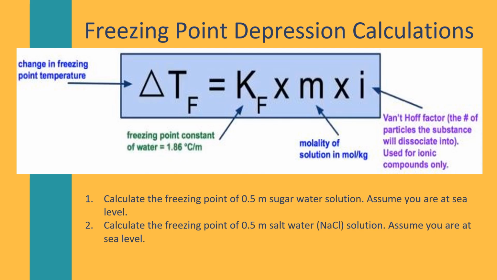Calculate the freezing point of a 0.5 molal sugar solution, assuming again that we are at sea level. In this problem, we want to know at what temperature the solution will freeze. We must first calculate the change in the freezing point.